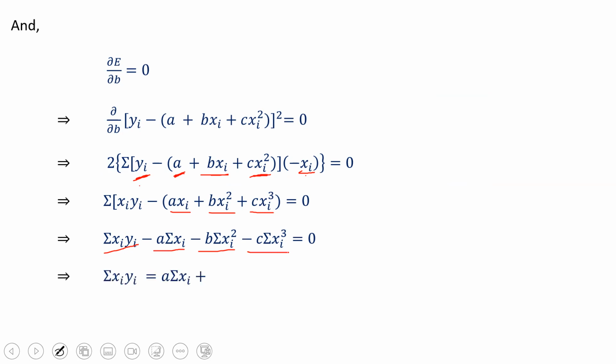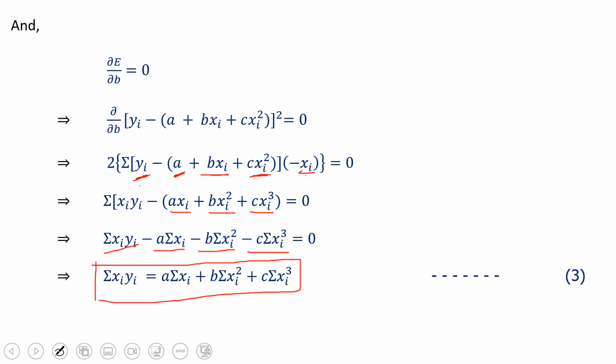So here, sum of xi yi equals a sum of xi plus b sum of xi square plus c sum of xi cube. So this is the second equation, by solving the partial derivative of E with respect to b equal to 0. Let us find the third equation by using the partial derivative of E with respect to c equal to 0. The same thing applies over here, but now this is not b, this is c.